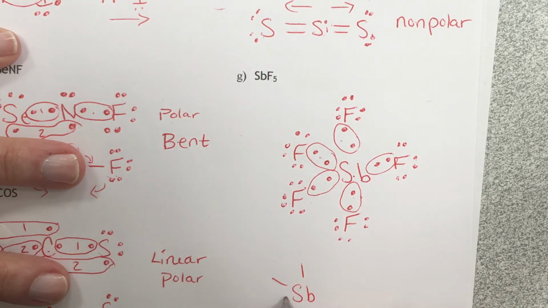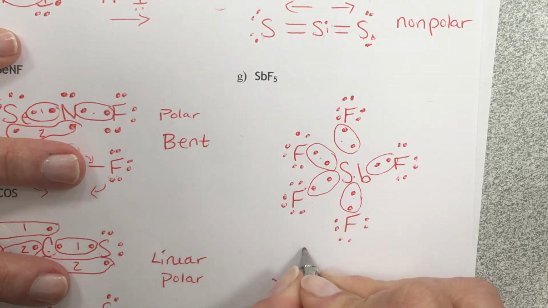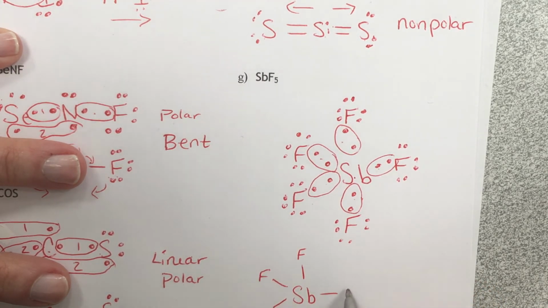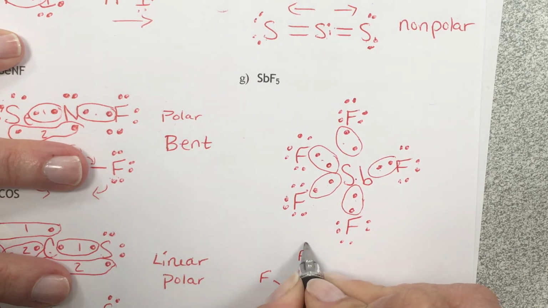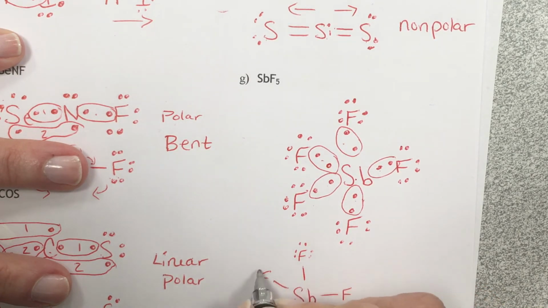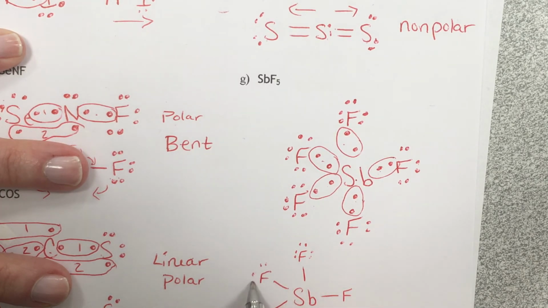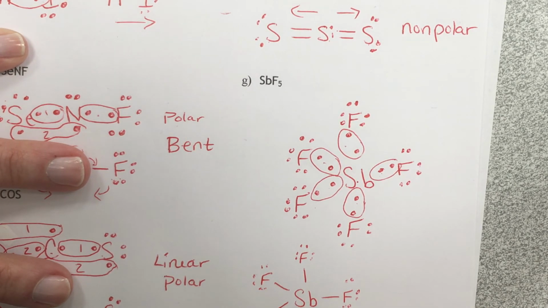So the molecule will look like this. Keep in mind it's not perfect on the paper. It's 3D, so it's not all flat on the paper, like this one's sticking out, this one's going backwards. Valence electrons.